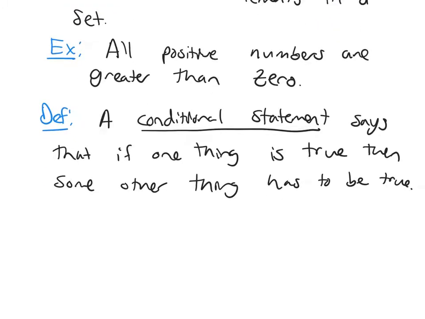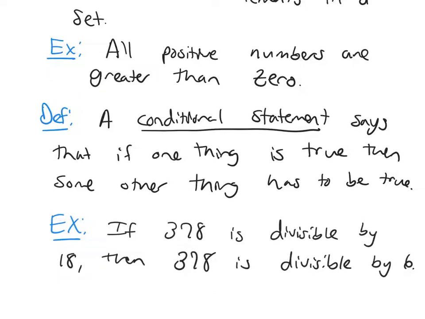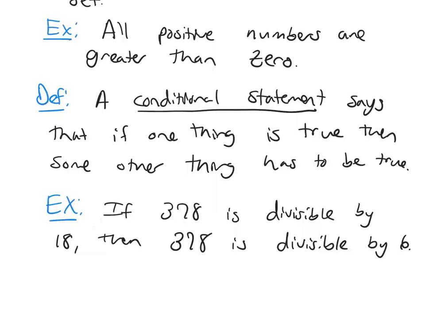So let's look at an example of a conditional statement. If 378 is divisible by 18, then 378 is divisible by 6. So the first condition is 378 is divisible by 18. If that's true, then this other statement, which is 378 is divisible by 6, must be true.